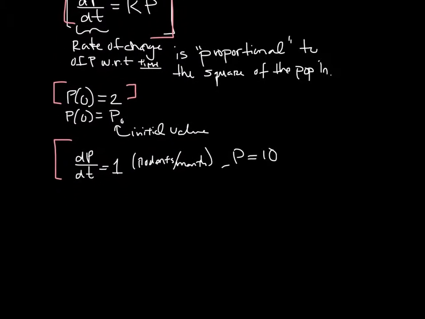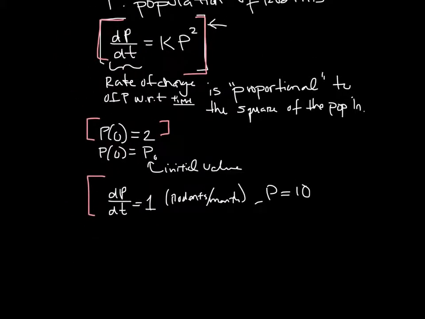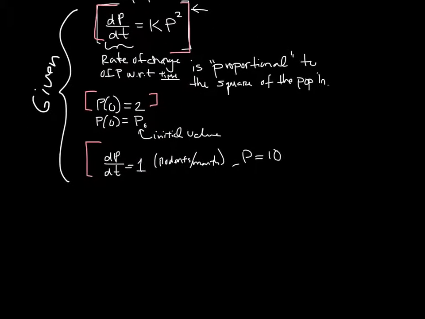So now what is the goal? Again, given and goal, this is just good practice with communicating mathematics to somebody else. You're telling the reader what the given information is after reading the problem. And now what is the goal of the problem?